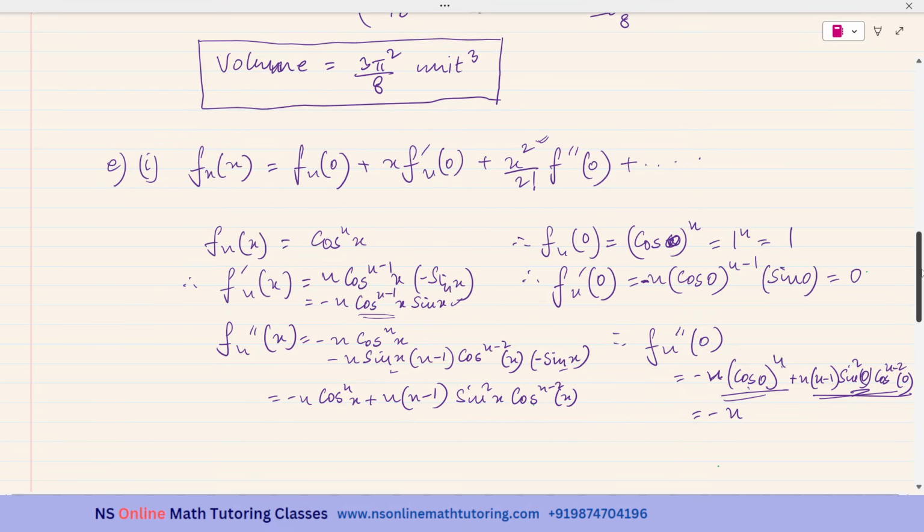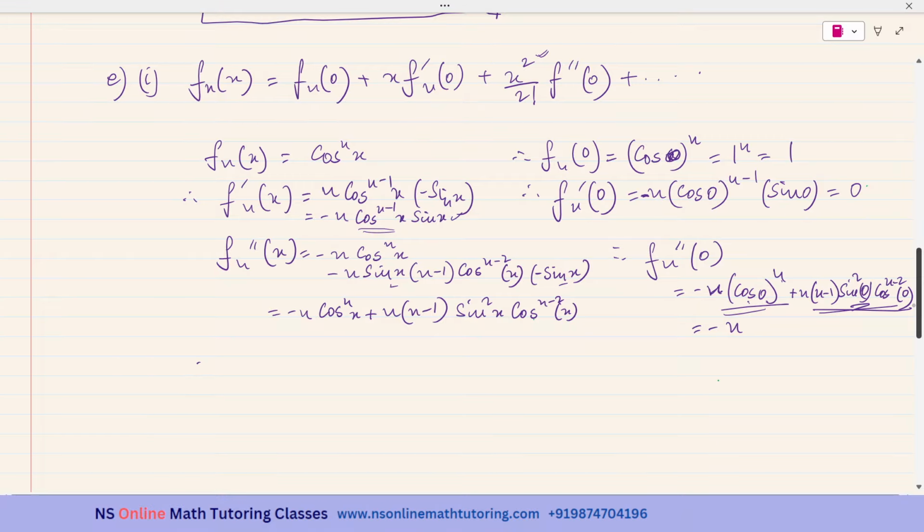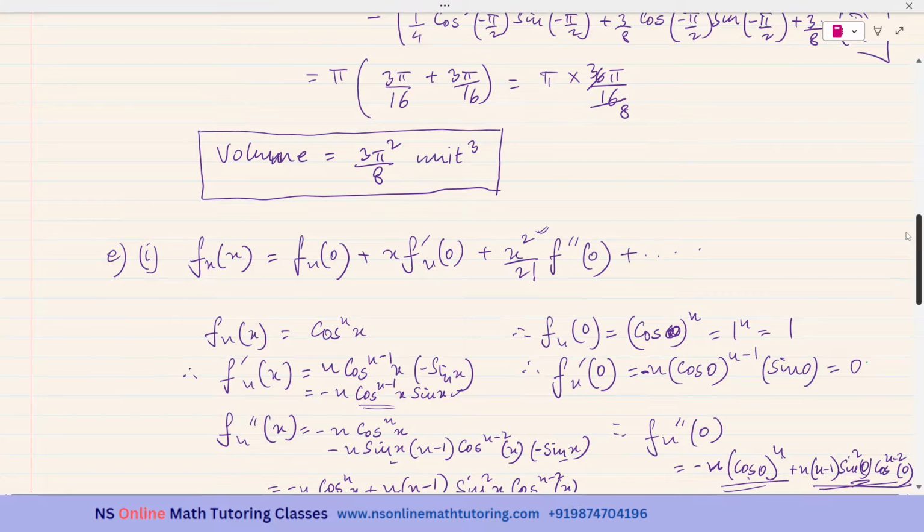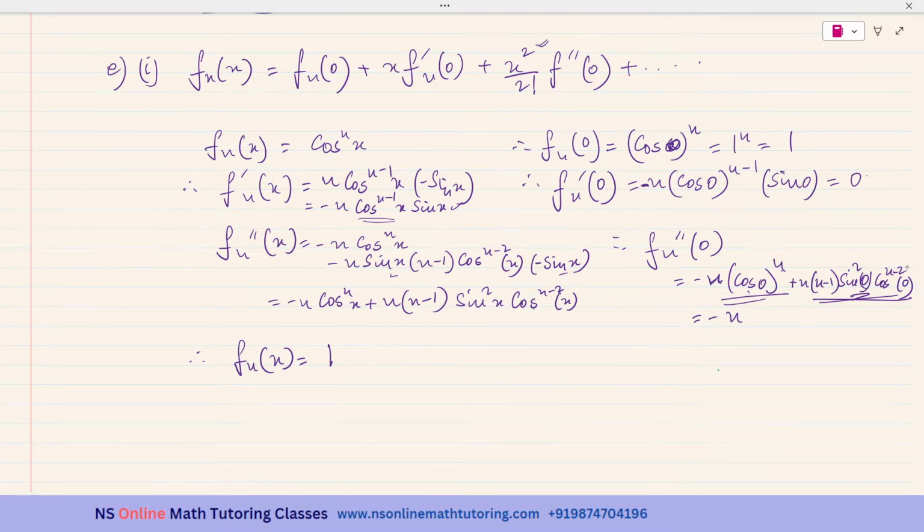Okay, so therefore, f n of x will be equal to f n of 0, which is 1, and let us write this one, x times 0 plus x square over factorial 2 times negative n.